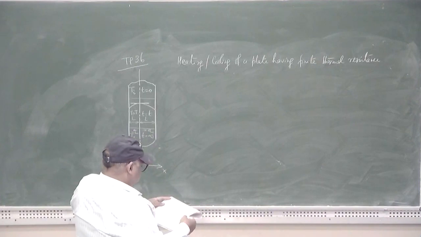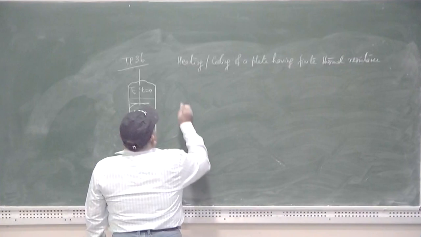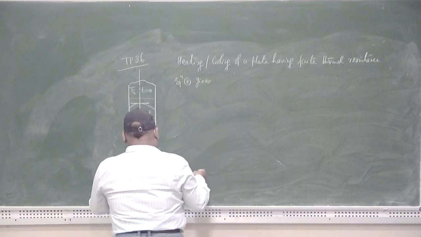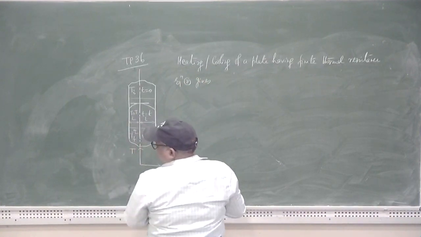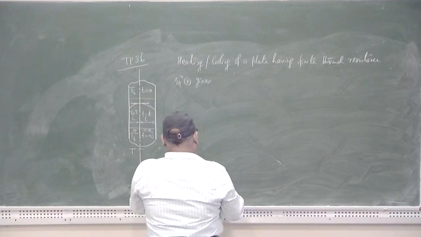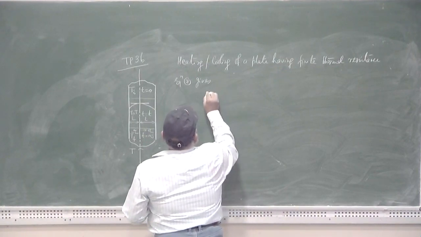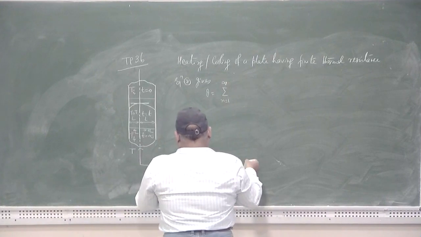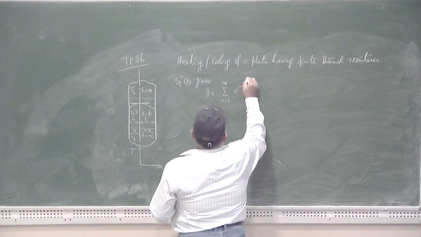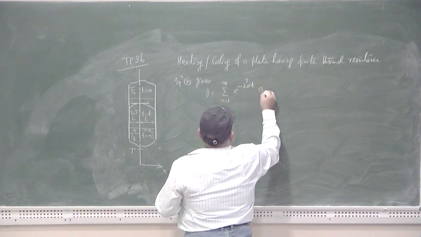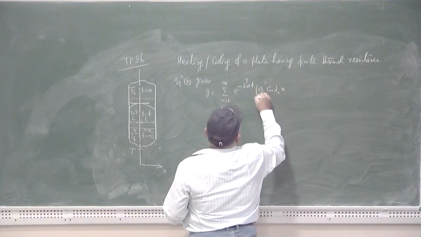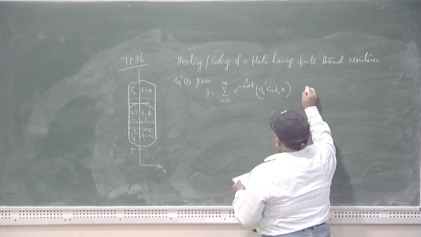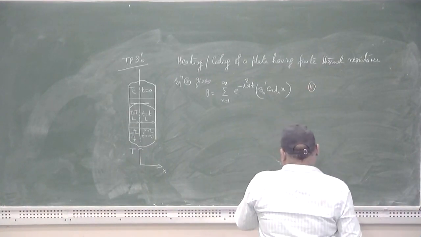So equation number 8 gives that the sum of all the solutions, theta, is equal to summation n equal to 1 to infinity e to the power minus lambda square alpha t bn dash cos lambda nx. Let it be equation 11.